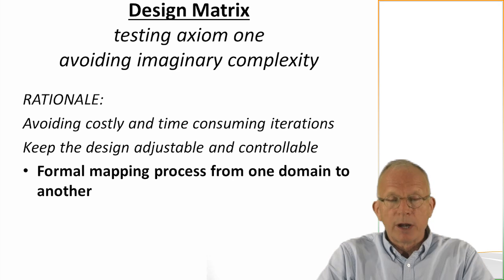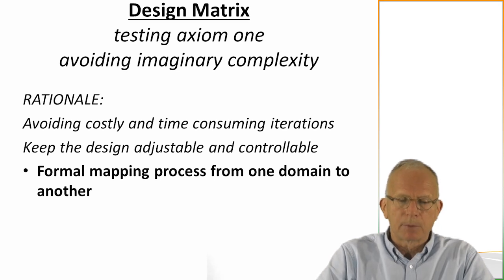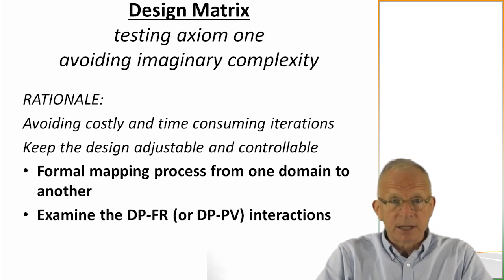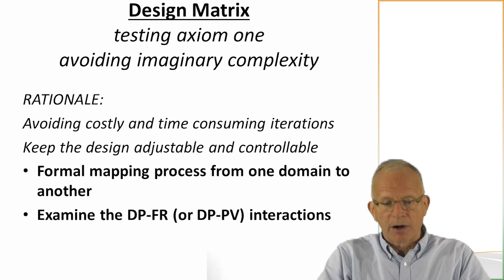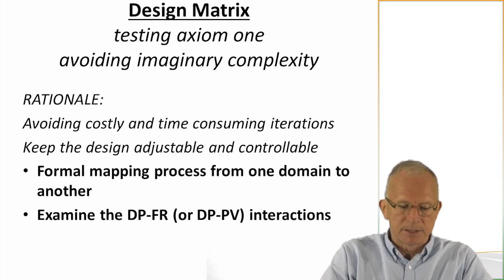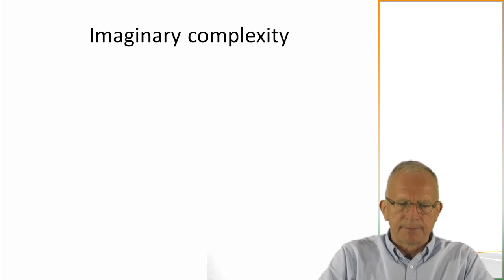It'll help us to avoid unintended consequences. It involves a formal mapping process from one domain to another. So we're going to take a look at how the DPs influence the FRs, or how the PVs influence the DPs. First, let's talk about imaginary complexity.